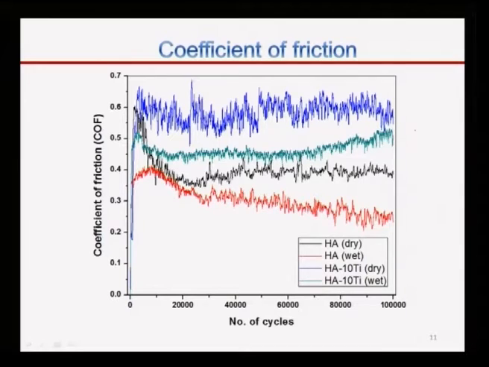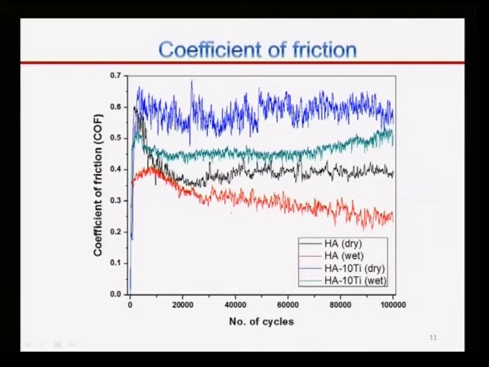As you can see here, under different conditions, wet and dry, pure hydroxyapatite and hydroxyapatite 10 Ti, the coefficient of friction behaviors are given. This is again published literature, it is under publication, so there is no problem. As you can see here, if you use wet conditions, you have lower values of coefficient of friction.